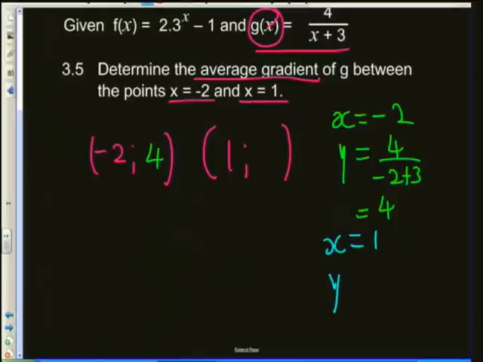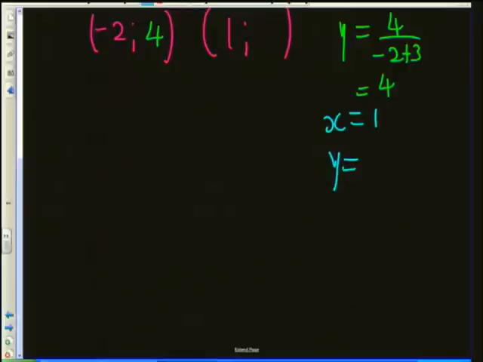It means that my y is going to be 4 over, positive 1 plus 3. So that's 4 over 4, which is equal to 1. Right, okay, let's fix that. Let's make that a proper one. Okay, so this here is 1. Right, so those are the 2 points, and I need to use those 2 points to find the average gradient.